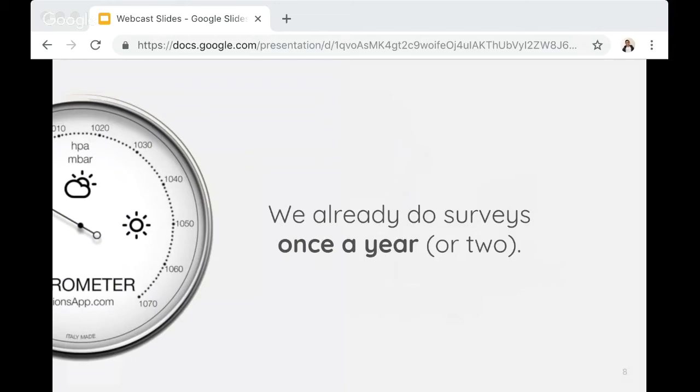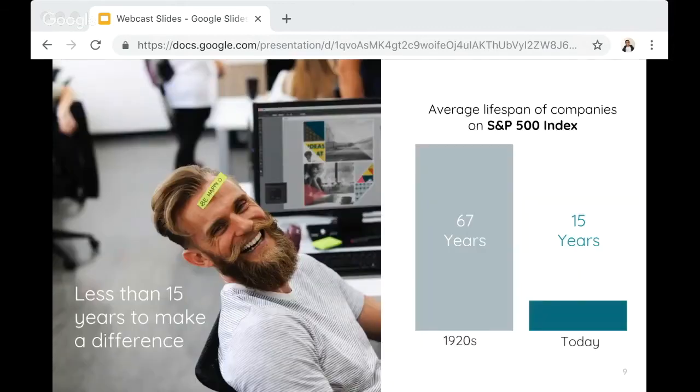arise when you think about how fast and how quickly business is progressing today. A study done by Professor Foster at Yale University looked at companies on the S&P 500. And in the 1920s, the average lifespan of those companies was extremely high. It was 67 years.